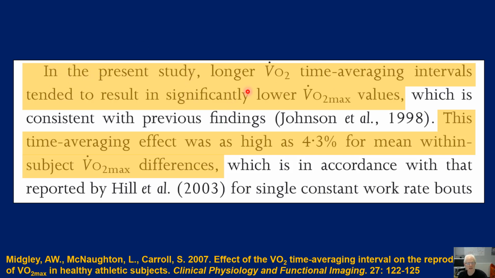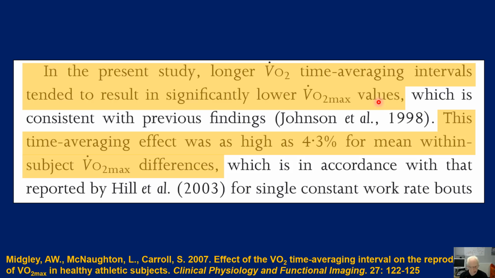In their present study, they found that longer VO2 time averaging intervals tended to result in significantly lower VO2 max values. For example, if I have data from a Douglas bag, it is a single value, let's say I collected over a minute.